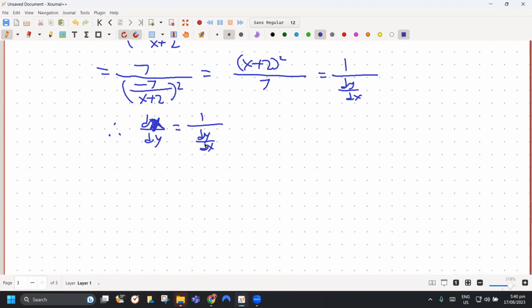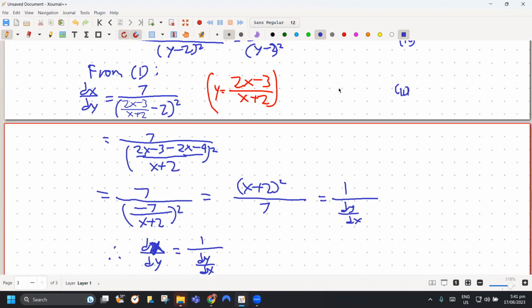Teka, pwedeng akyat. Akyat ka ng konti. Lagyan mo na equation numbers.